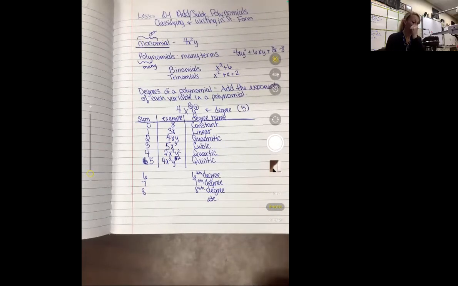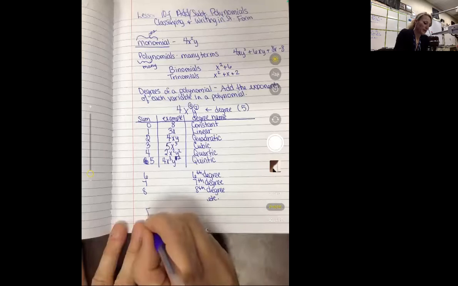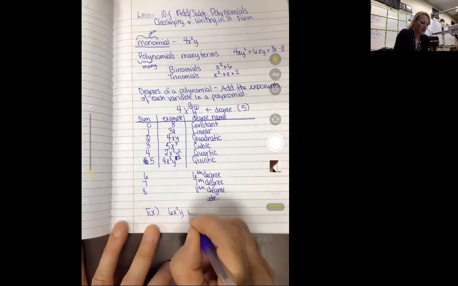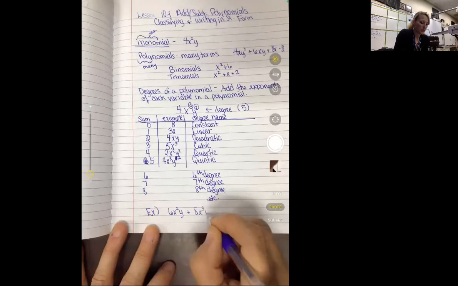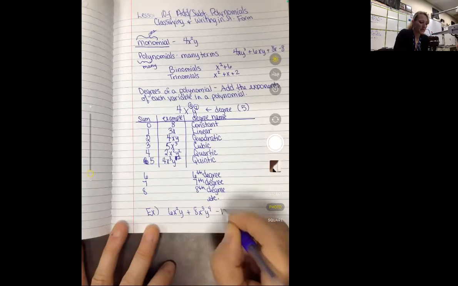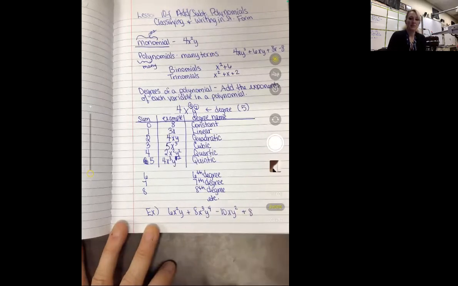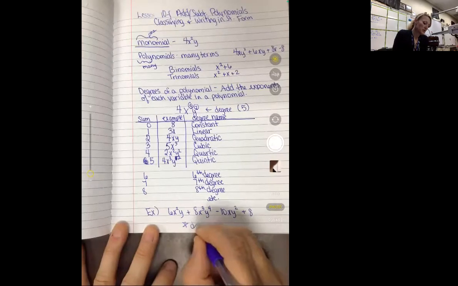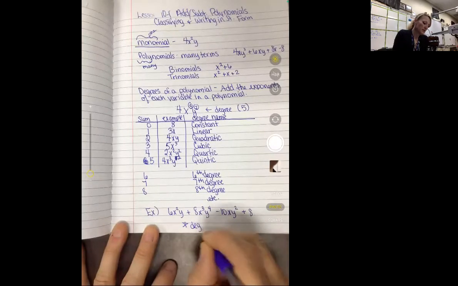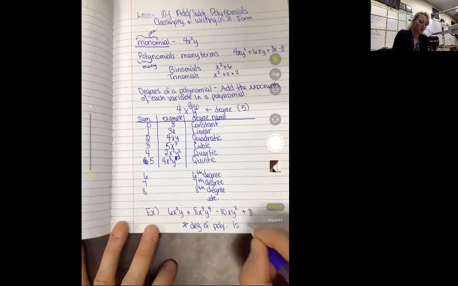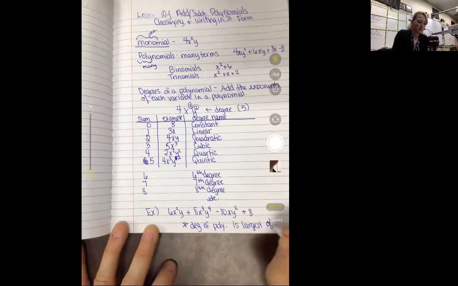Now, if we have a polynomial, for example, 6x squared y plus 8x to the third y to the fourth minus 10xy squared plus 8, then the degree of the polynomial is the largest degree of the terms.